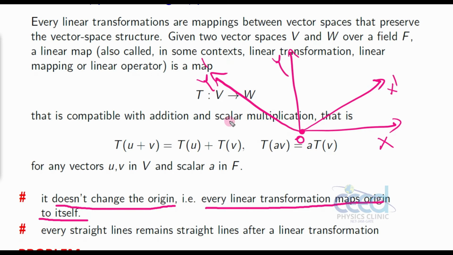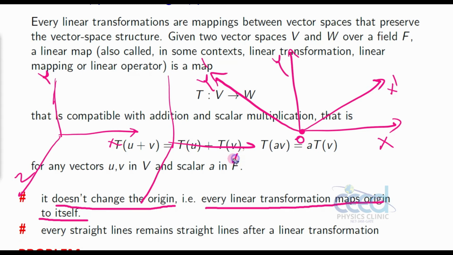Okay, so suppose you consider the translation. Suppose you have a frame of reference here, that is x, y and z. Suppose this is another frame, x dash, y dash and z dash, which is moving relative to this frame.